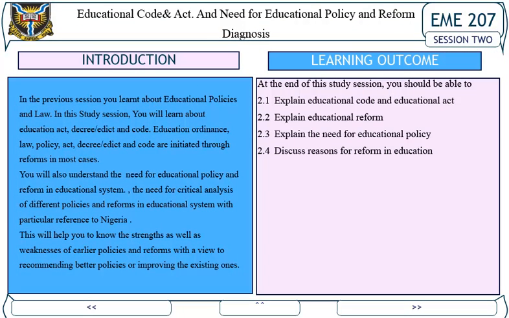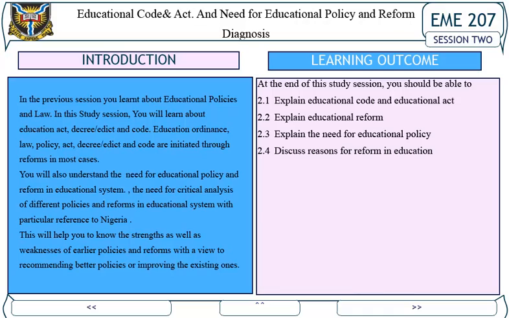Introduction. In the previous session, you learned about educational policies and law. In this study session, you will learn about Education Act, Decree, Edict and Code, Education Ordinance, Law, Policy. Act, Decree, Edict and Code are initiated through reforms in most cases.